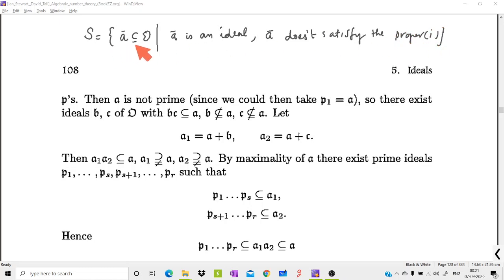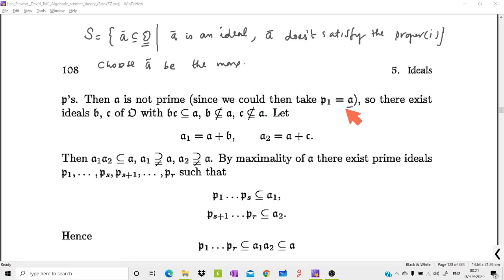If we assume this set contains at least one element, it has a maximal element because O is a Noetherian ring. So we choose A to be the maximal element of S. For A we cannot find P1, P2, etc., PR. In that case, A itself is not a prime ideal.